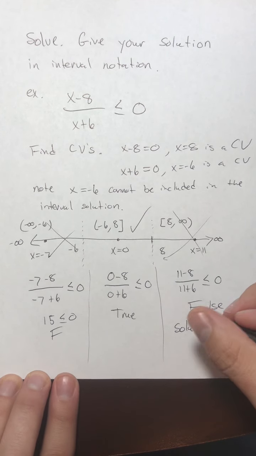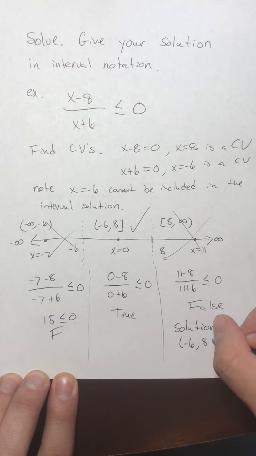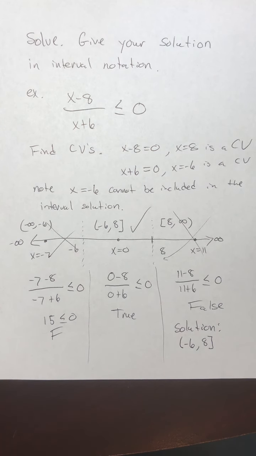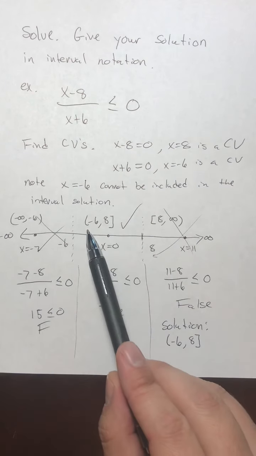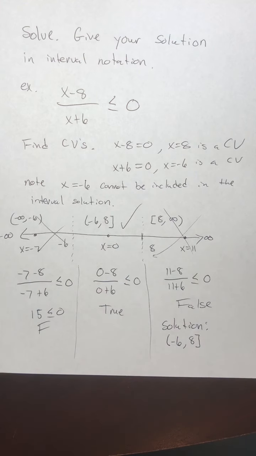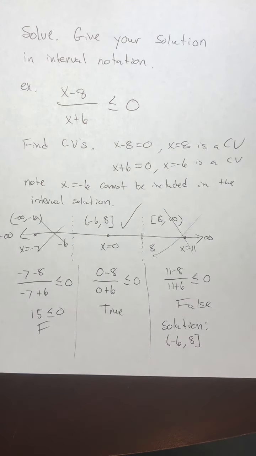The solution is simply the interval that solves the original inequality. In this case, we do not need set union. Parentheses negative 6, comma 8, bracket. And if you went back, you could pick any value between negative 6 up to and including 8, and it would solve this original inequality.